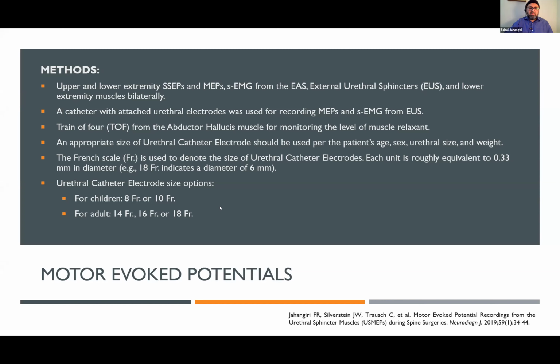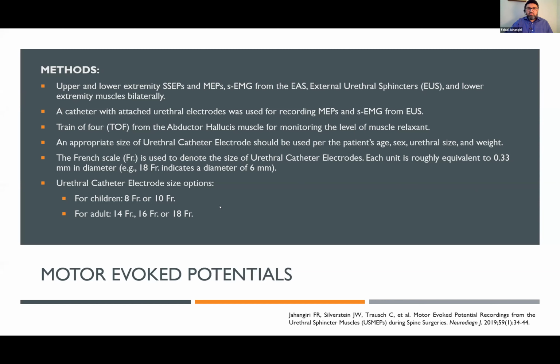Typical Foley catheters are measured in the French scale, Fr, and each unit is roughly equivalent to 0.33 millimeter in diameter. So if you have an 18 French catheter, that means the diameter is 6 millimeters. Every single unit is 0.33 millimeter.